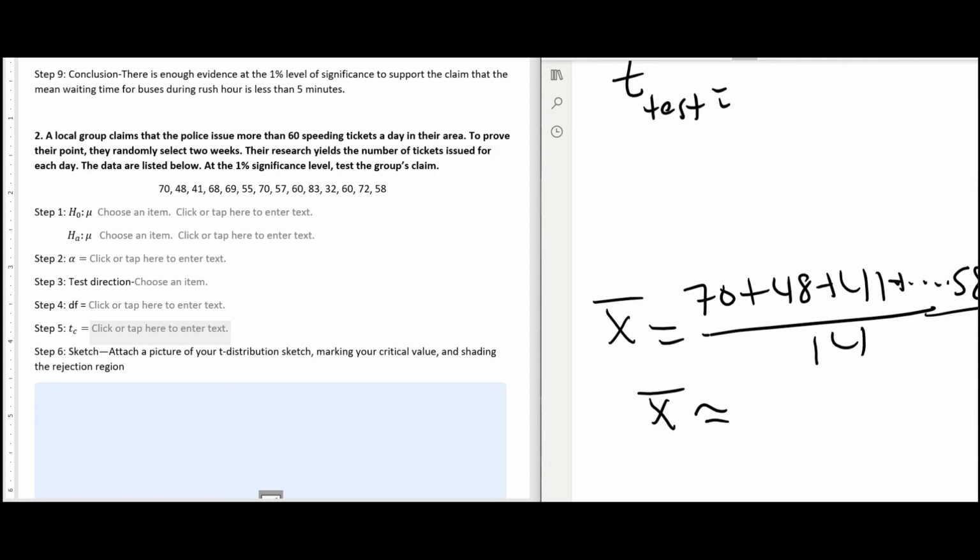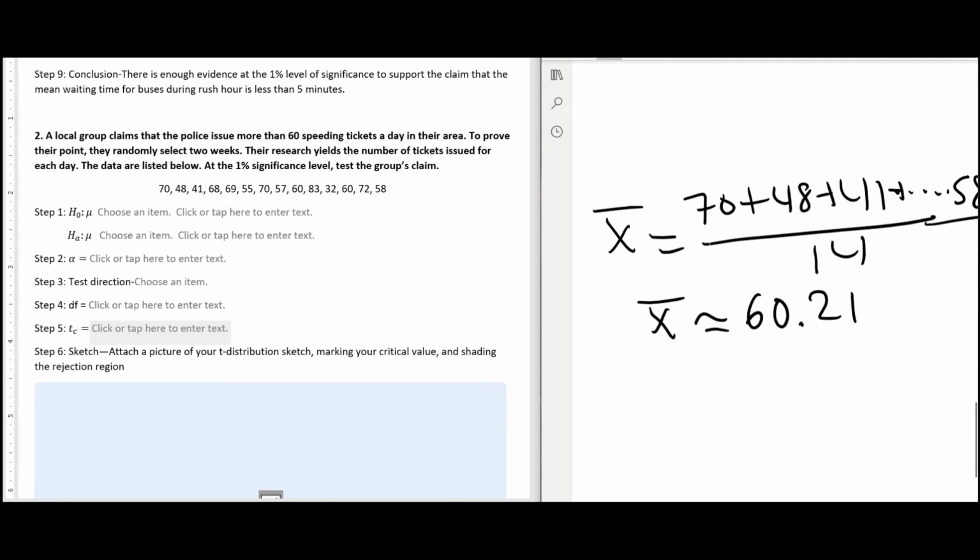So if you add those numbers, you get 843, and then 843 divided by 14, it's going to give you about 60.21. Actually, we'll leave it at 60.21. That'll be fine. So we got our x bar.